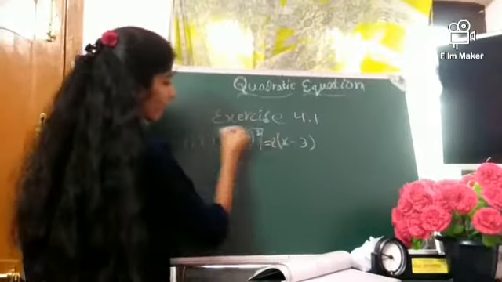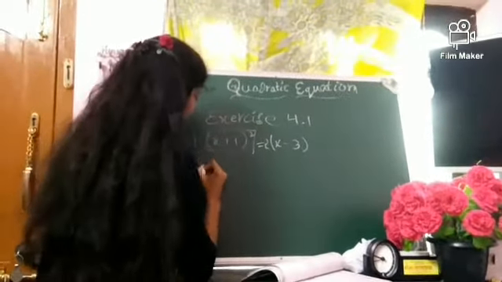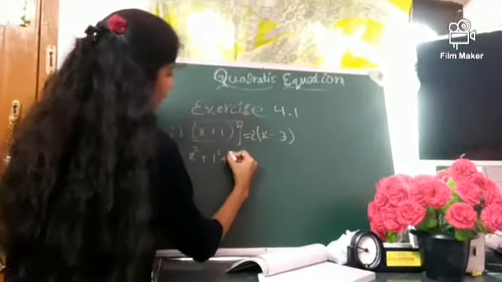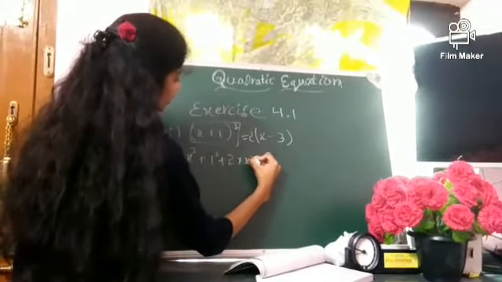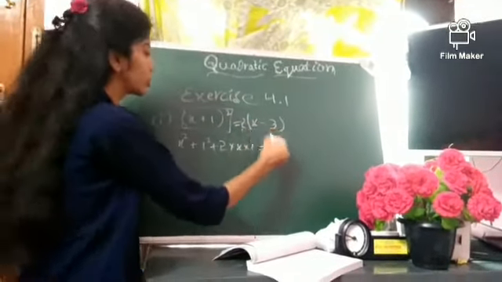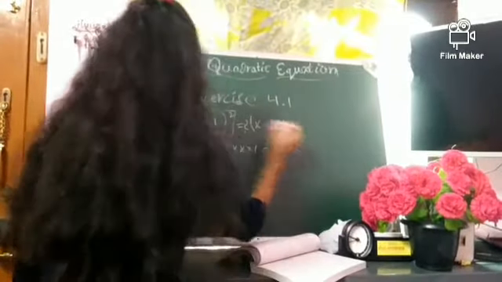It is in the form of (a + b) whole square, so we will apply the (a + b)² formula: a² + b² + 2ab. And this we should multiply into the bracket, that is 2x − 6.